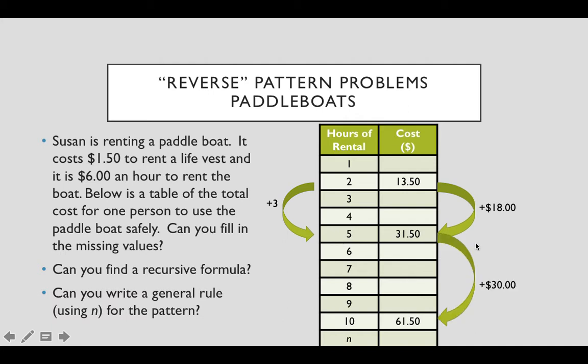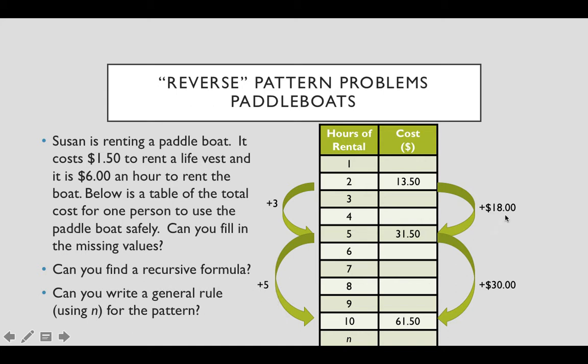Similarly, if I look at the change from $31.50 to $61.50, I can see that this price went up $30 at the same time that the number of hours went up 5 hours. So this $30 has to be shared equally among those 5 hours.